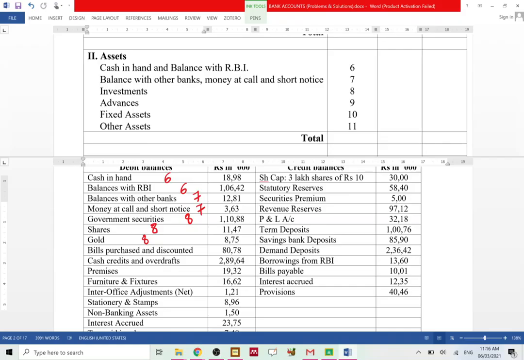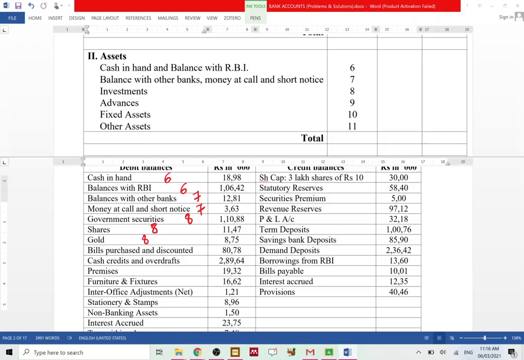Now, I am pretending that we are a bank. Whenever a bank takes the bills for discounting and gives the discounted amount to the person, you are actually giving a type of loan or a type of advance.